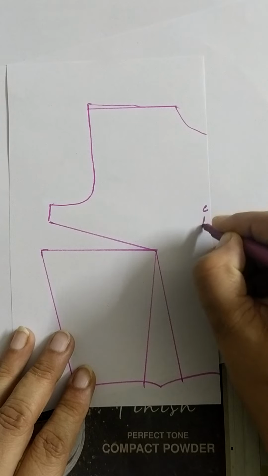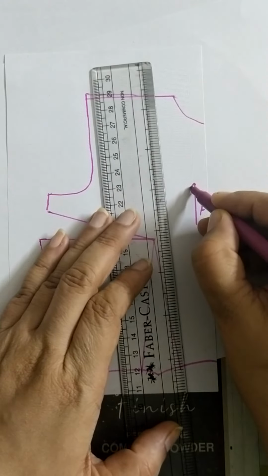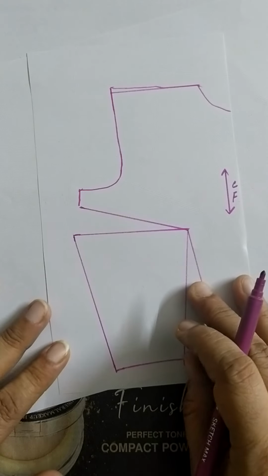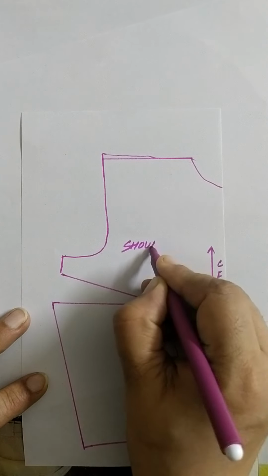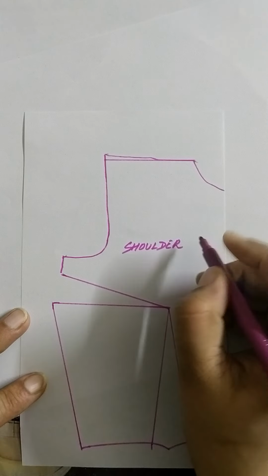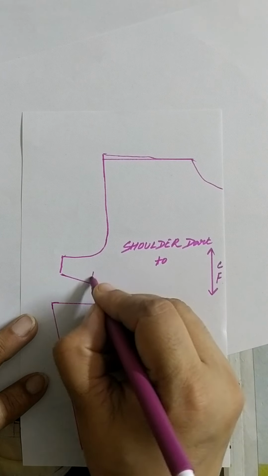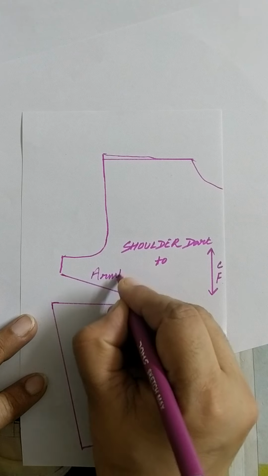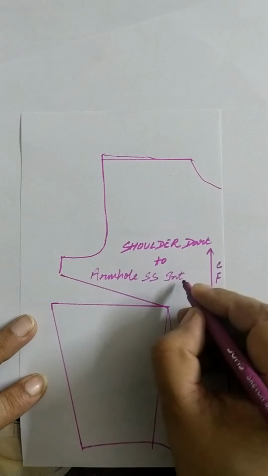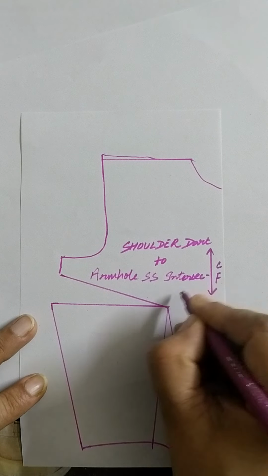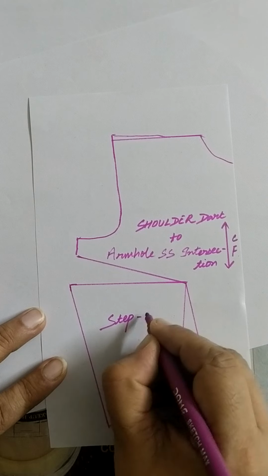Let us do the labeling here. Draw the grain line. Label it as shoulder dart to armhole side seam intersection, and do not forget to mention step 3 here.